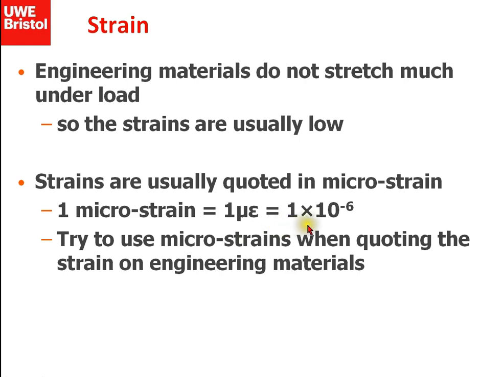Mu represents that we're dealing with 10 to the minus 6, or mu epsilon represents that we're dealing with 10 to the minus 6 and that it's a strain value. So this is a good symbol to use when you're quoting your strain values, this mu epsilon term.